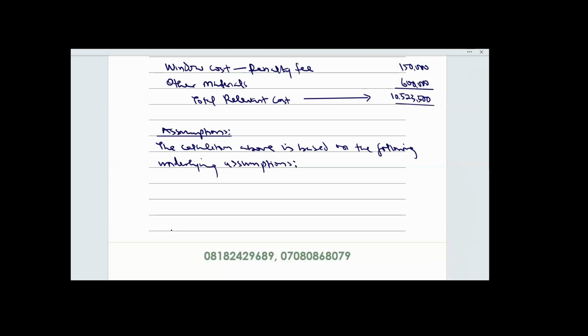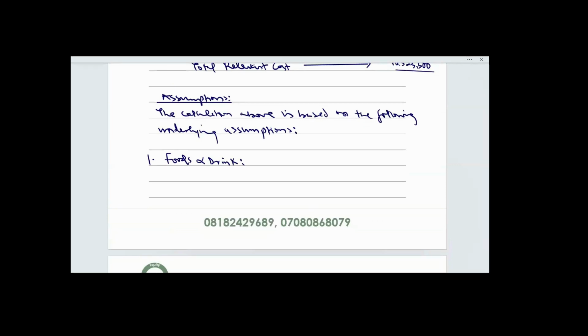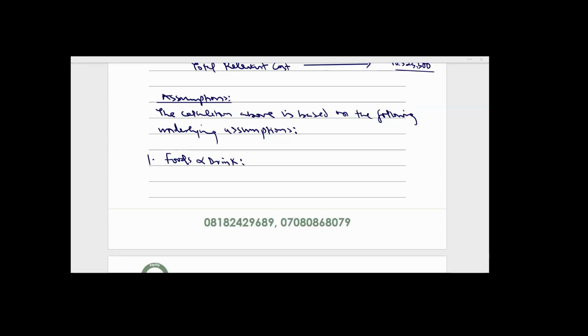All right. So number 1, we started with food and drinks. We go back to the question. We said that the food and drinks is not relevant because it's a sunk cost. We are told in the question that the meeting was held at a restaurant and Klepatoni Limited provided food and drinks at a cost of 37,500. We said that cost is not relevant.